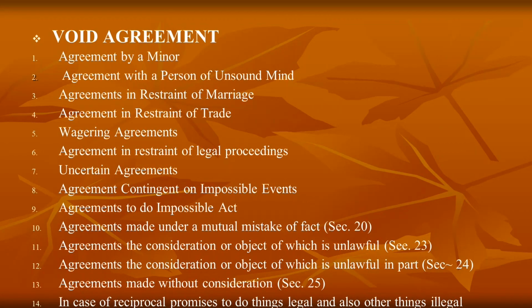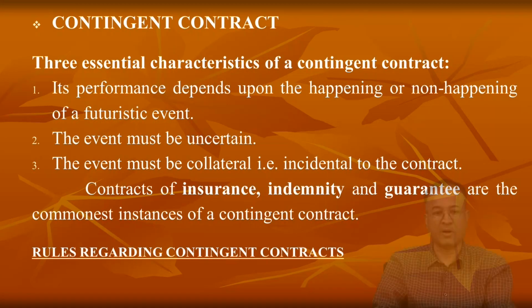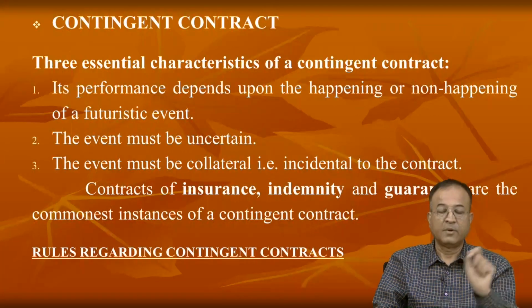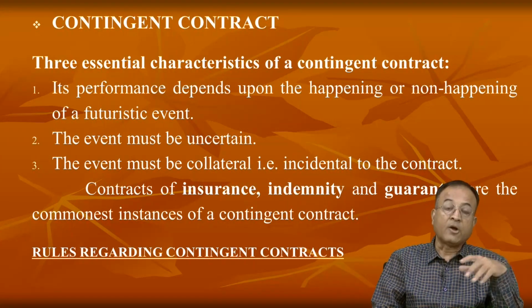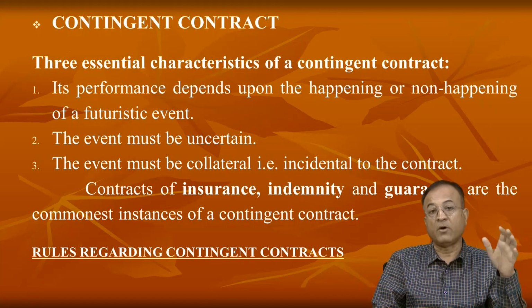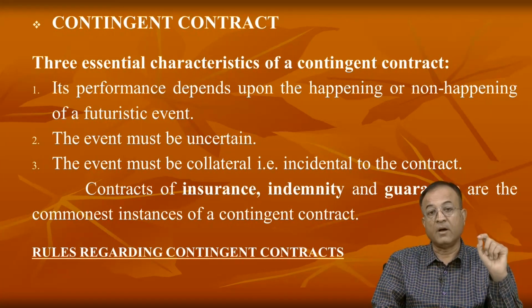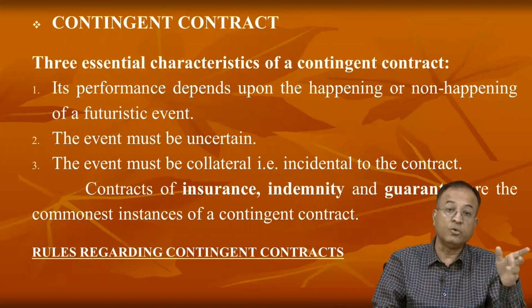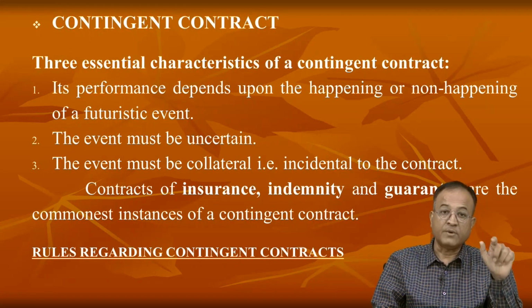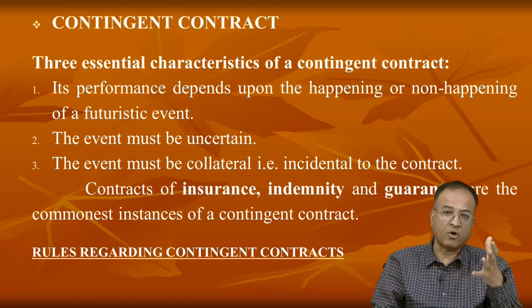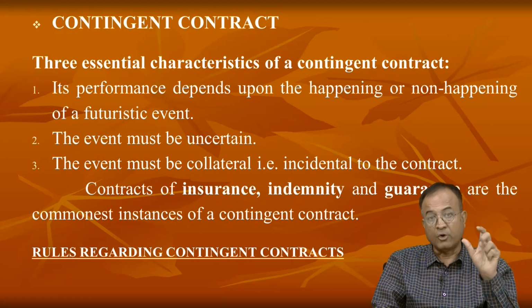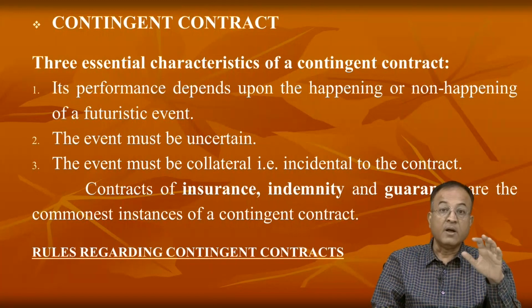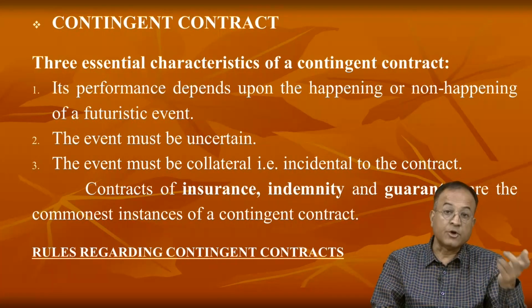Now, contingent contract. What is a contingent contract? According to Section 31 of the Indian Contract Act, a contingent contract is a contract to do or not to do something if some event, collateral to such contract, does or does not happen.